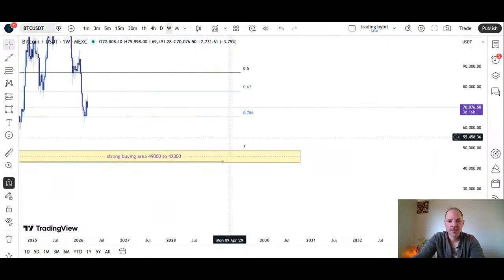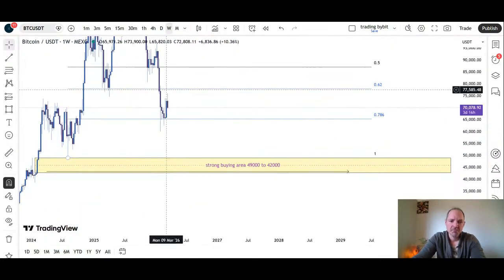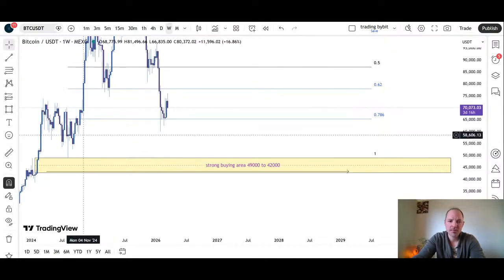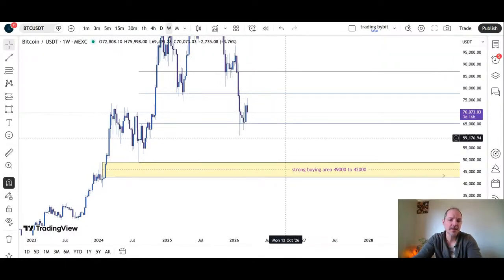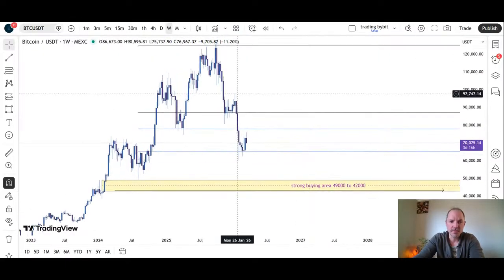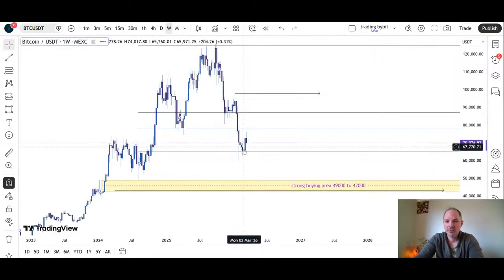So it's up to you. This is my ideas that I can see in the markets could head to. If we drop a little bit further down right now, we could sweep that one more time, but I'm not sure. If the market starts rallying and it goes up, it will do it very fast. And I actually want to see it hit 100K again. So if we start moving, because we had a huge candle right here, that's a weekly candle. So this is a huge engulfing bullish candle.